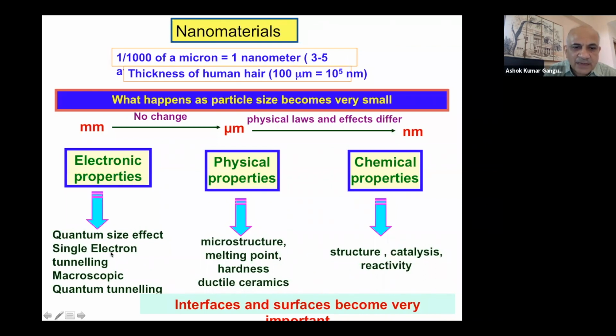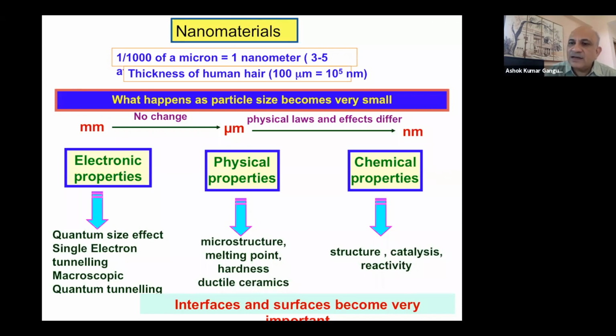You will see quantum size effects, single electron tunnelings, the melting point will change, the hardness will change, the catalytic properties will change, reactivity will change. So all properties change with nano size. Material is same, the molecular formula, the compound is the same, but the size is different, the property is different.